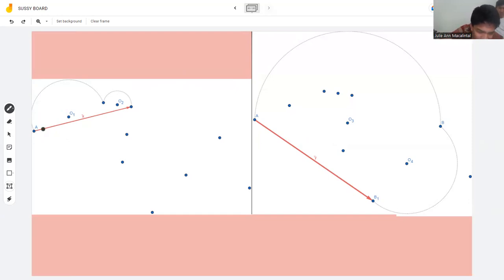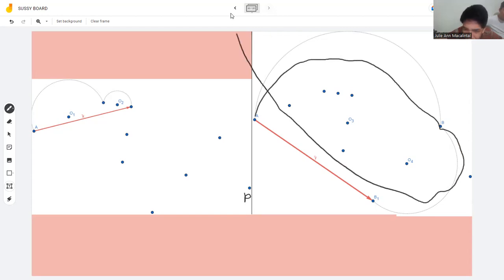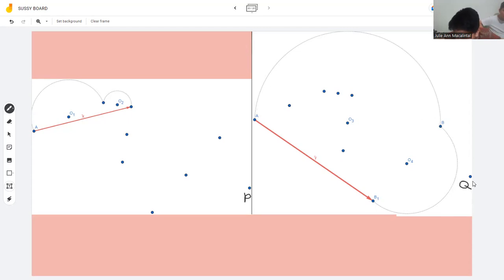For this figure, where it went O1, O2, and then O3, and then O4, this is P. And for this one, where it went O3, O4, O1, and then O2, it's Q. By inspection, they're the same point, obviously, which is what we want to prove.